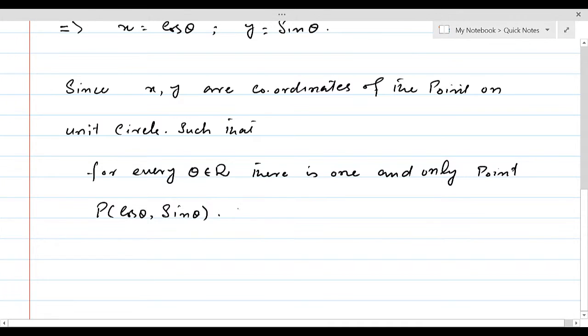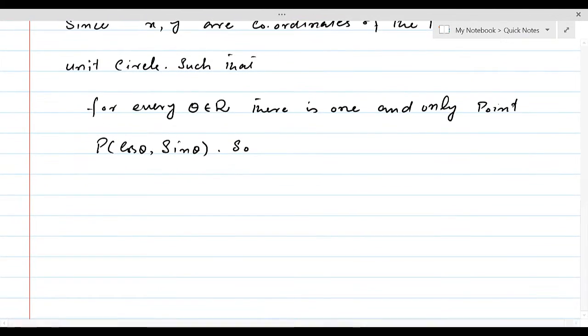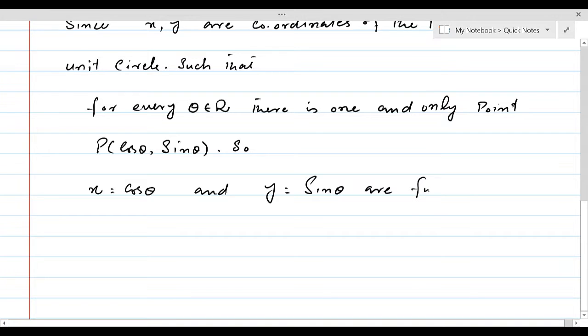So x equal to cos theta and y equal to sine theta are functions of the variable theta, because this is exactly the requirement for any relation to be a function.